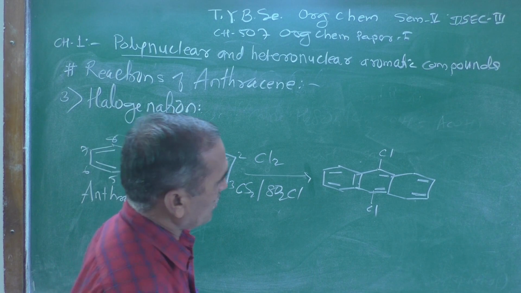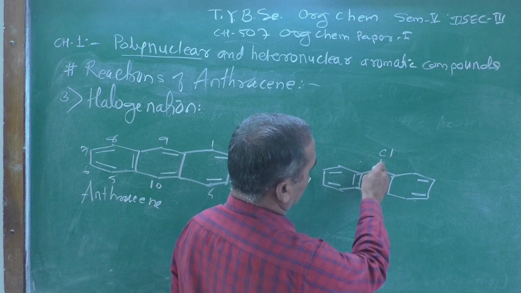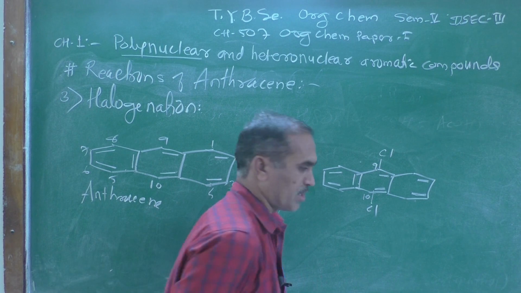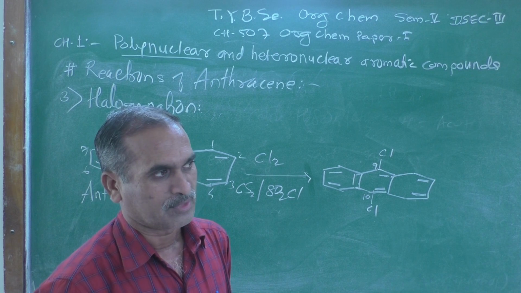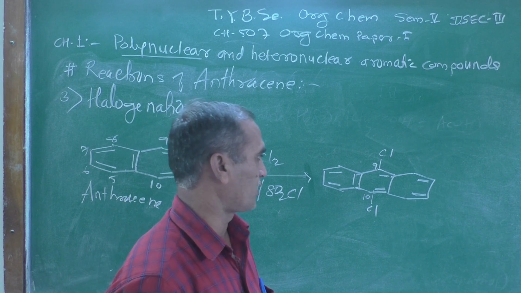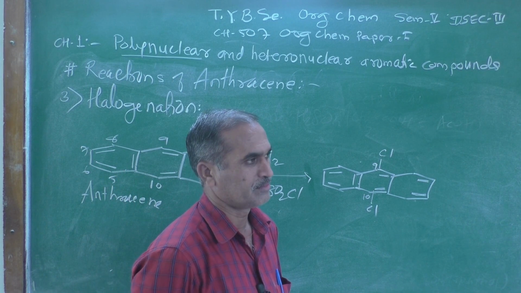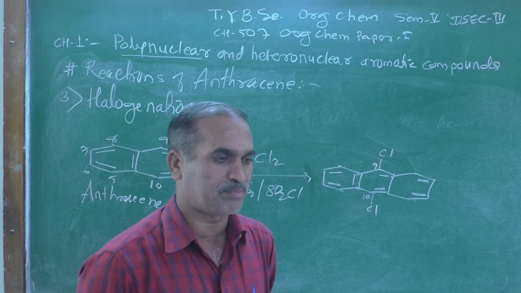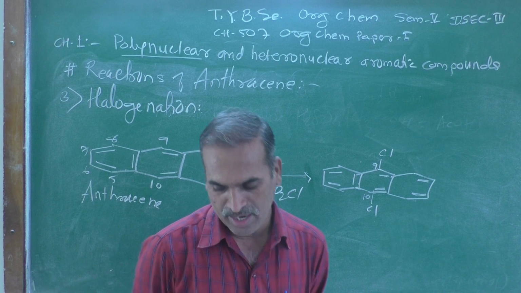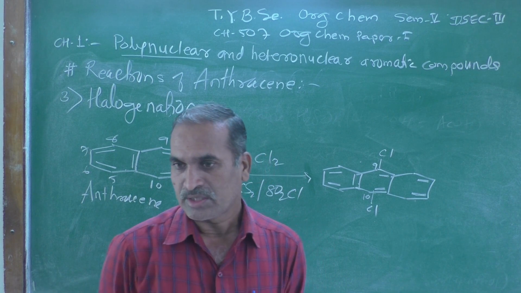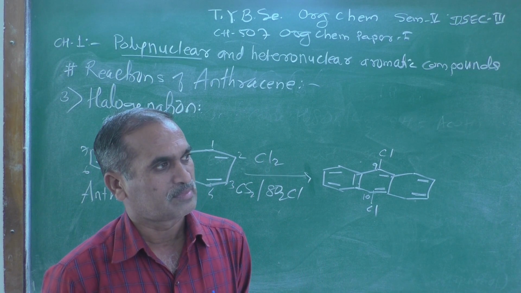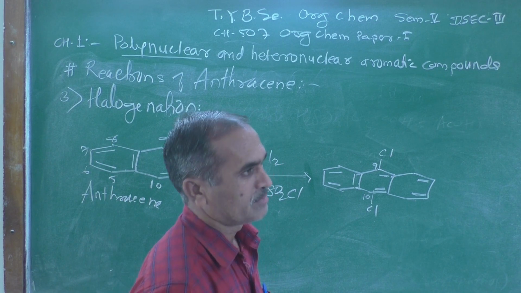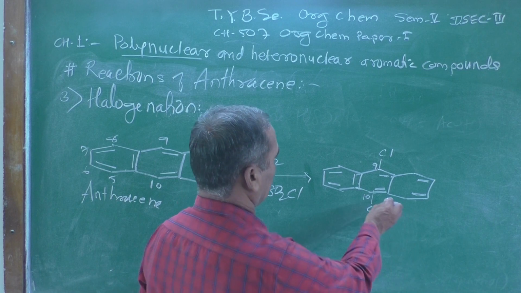You can see that after the chlorination, both hydrogen atoms present at the 9 and 10 positions are smoothly replaced by chlorine atoms, leading to the product.